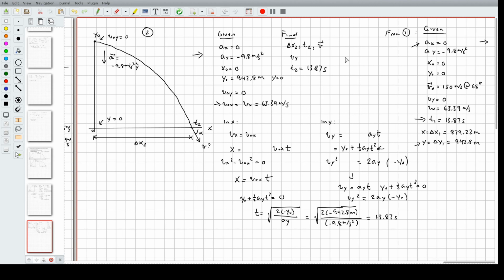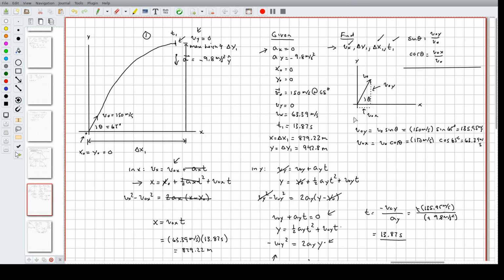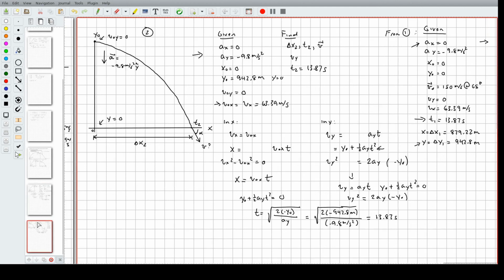My displacement in the x direction is going to be the same as this. And the y direction velocity is going to be the same as this, except negative because it's going down. But let's see if that bears out.